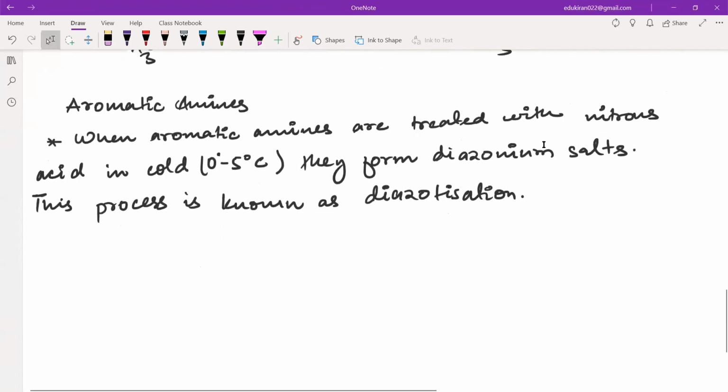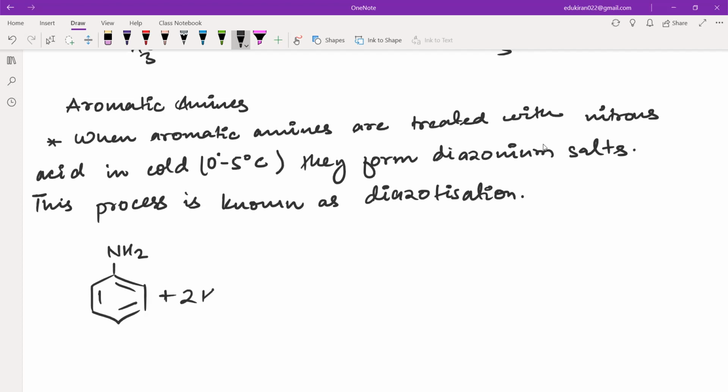So I hope you have seen benzene diazonium salt before. That's in haloalkanes and haloarenes, the Sandmeyer reaction, the first chapter of organic chemistry. Benzene ring plus 2HCl plus NaNO2 at 0 to 5 degrees Celsius.